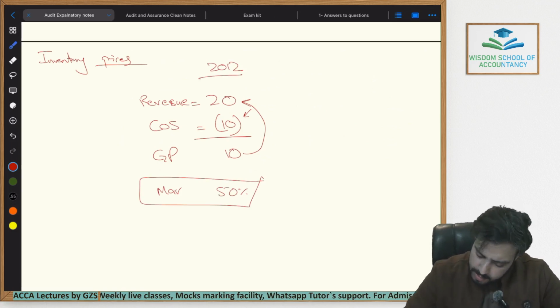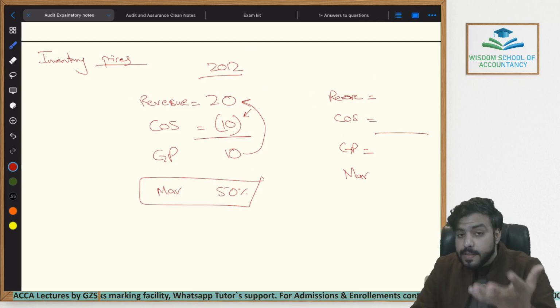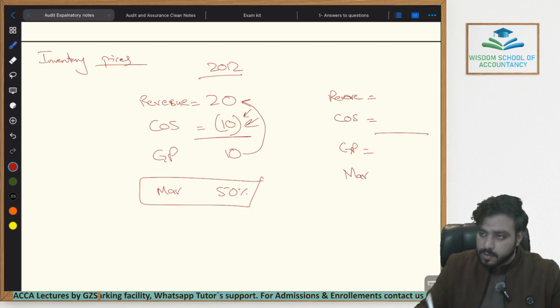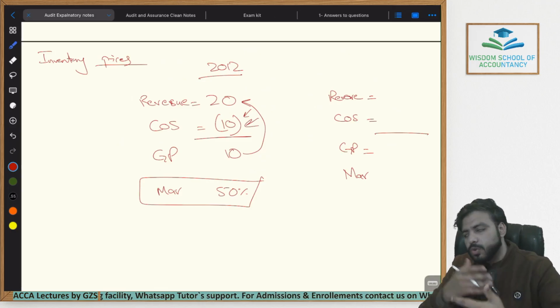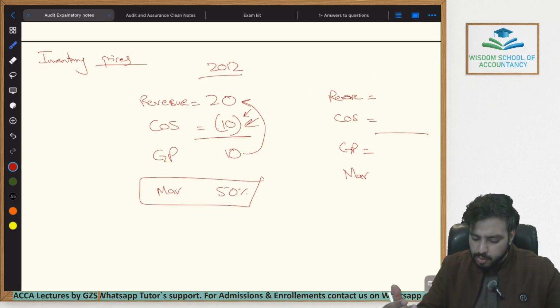Now, let me write the heading revenue first of all. Let's write down cost of sales, the gross profit, and then here we will calculate the margin. Let's suppose this year, the socks that you used to sell, you used to buy them from your suppliers, and this year as well you buy them from your suppliers. You don't make your socks, you just sell them.